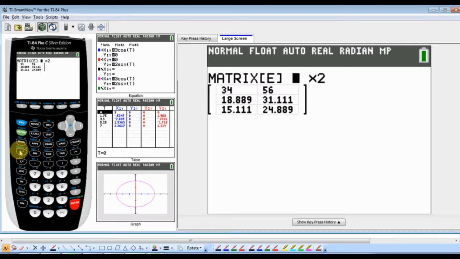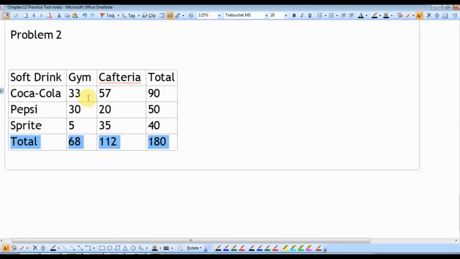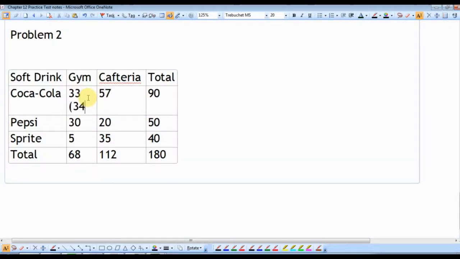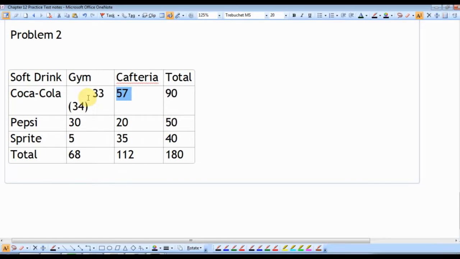Okay, so what do we have? 34 and 56. I wonder why it does that. That's peculiar. 90.